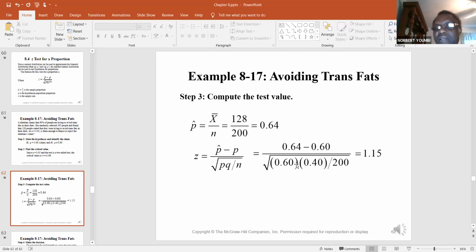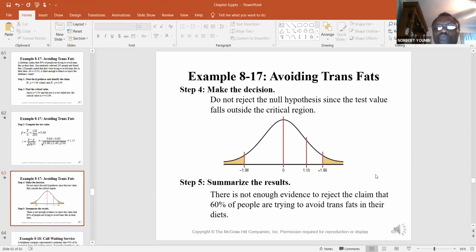You can do it step by step to get the test value to be 1.15. So 1.15 is not in the critical region, so we do not reject the null hypothesis. Remember that it was the claim, so our conclusion will be there is not enough evidence to reject the claim that 60% of people are trying to avoid trans fats in their diets.